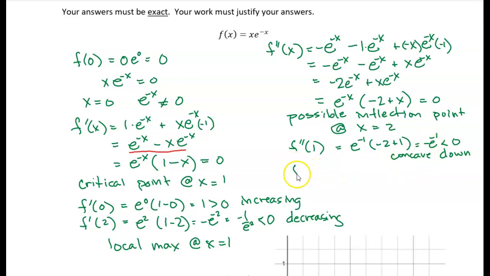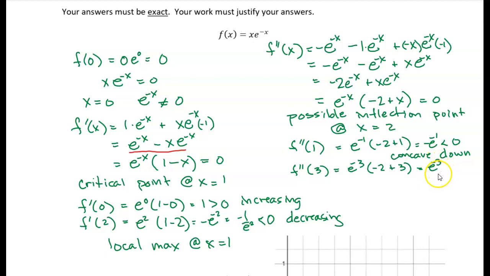All right. So then we can also look at a point to the right of the inflection point. Let's look at 3. Okay, I plug in 3, I get e to the minus 3, and then negative 2 plus 3. I plug it into the equation for the second derivative. Negative 2 plus 3 obviously is 1. So this is a positive e to the minus 3.